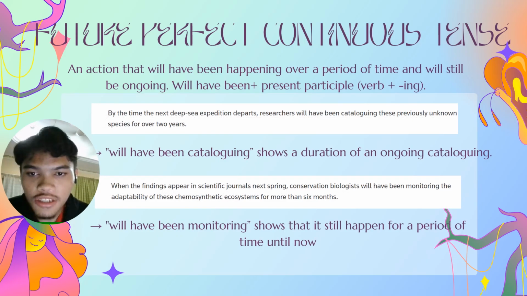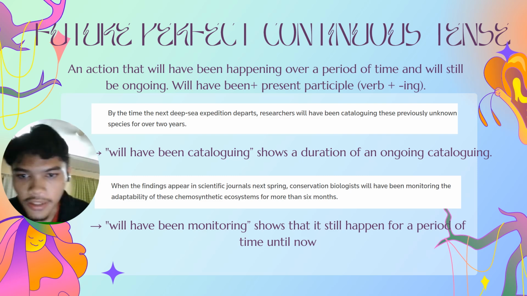Now for the last part of future tenses, which is future perfect continuous tense, which also shows an action that will have been happening over a period of time and will still be ongoing. Sentences of this kind usually include will have been followed by a present participle, which is the verb that has an ing at the end.